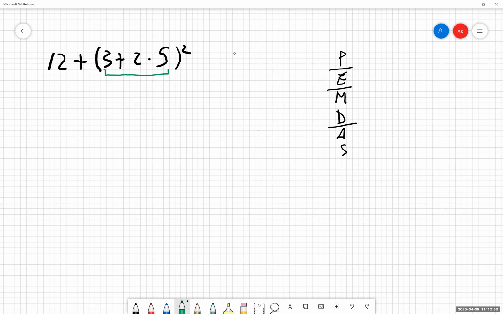The 3 is going to stay there, the 12 is going to stay as it is, and the exponent is going to stay as it is. So my next line of work, I have 12 times the quantity 3 plus 10, to the second power. So all I did was inside the parentheses work with multiplication.